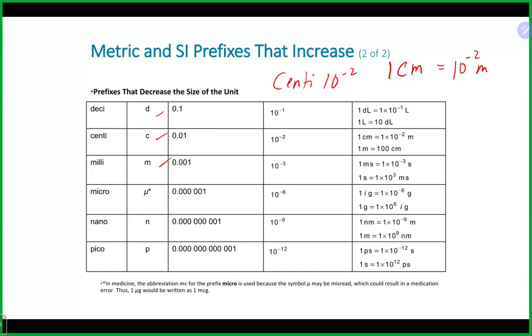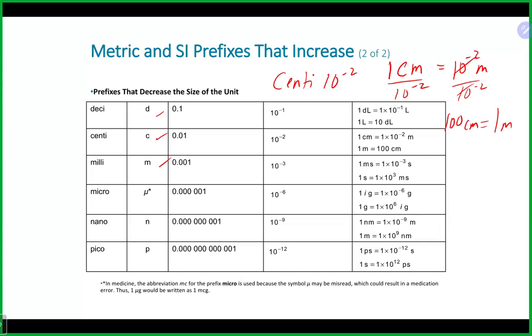Now again, you can use maybe the bigger number version of this. If you take 10 to the minus 2 and divide it to both sides, this becomes 1 meter is 100 centimeters. So that is really the same conversion. It's just dividing it out the other way. So you sometimes will see it in that vein as well.